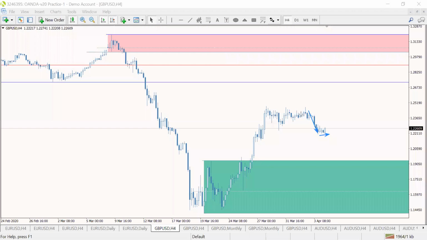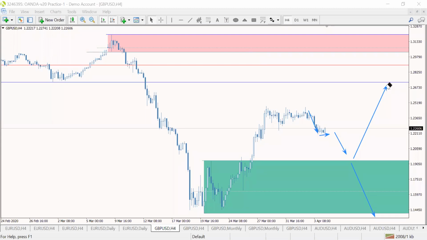If a market gives you a move, then corrects, you must expect a pull down. So there is a possibility that this market is going to continue going down, maybe to these points, then go up again, or it can break.